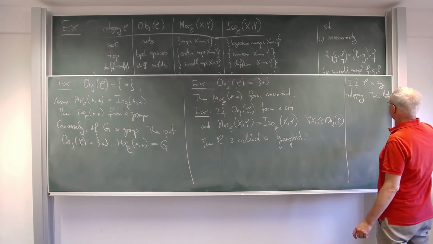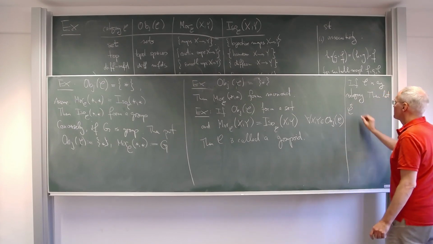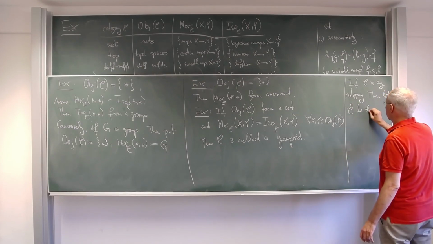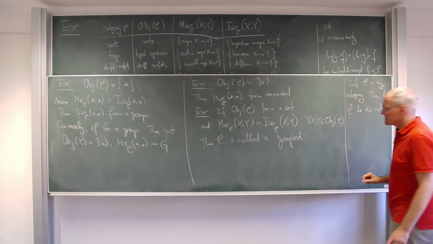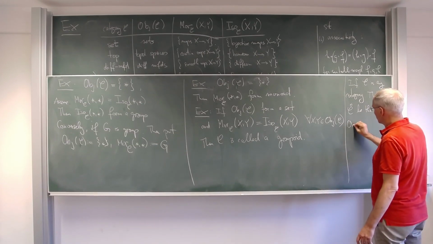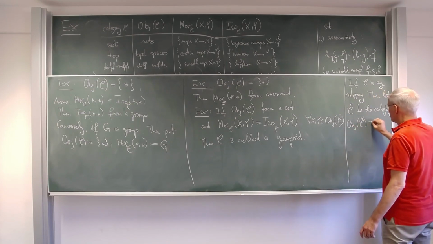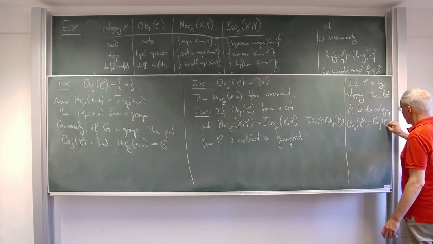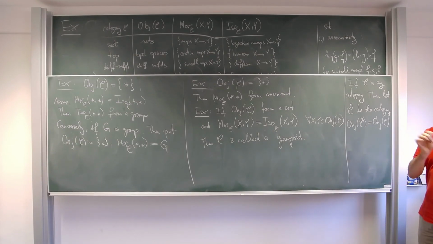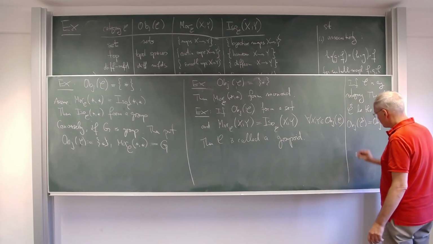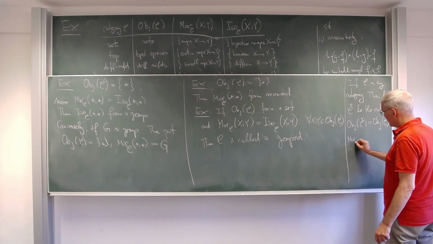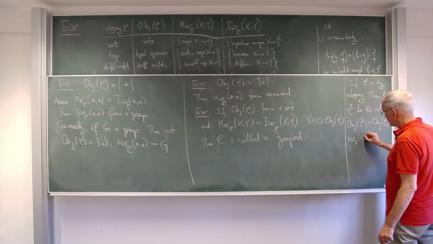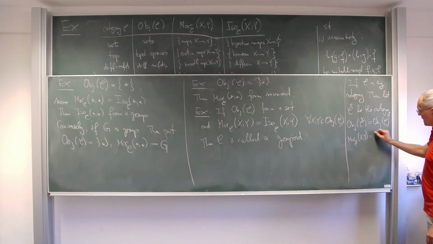So let C circle be the category with the same objects. So the objects of C circle should be the same as the original objects of C, but we reduce the number of morphisms. Namely, we set the morphisms in C circle between two objects to be the isomorphisms only of the original category.